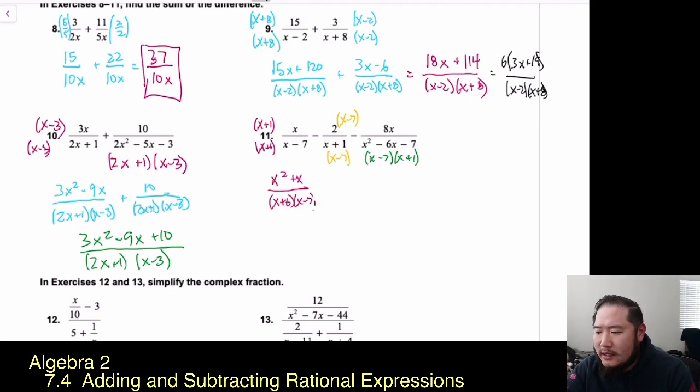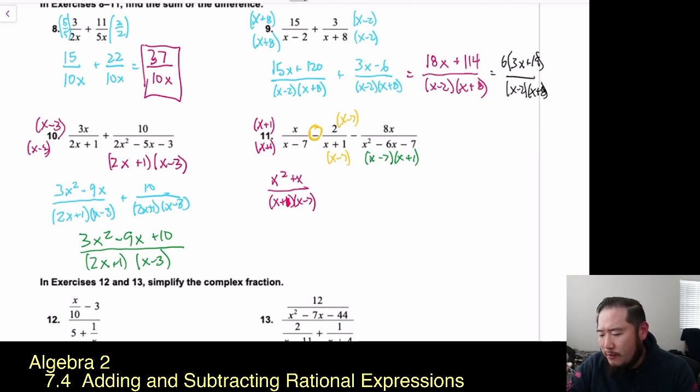In the second fraction right here, there's a minus sign in between. So that really tells me that this is negative 2. Okay? If you don't do that, you're going to have the signs all wrong, all messed up, and you're going to get the wrong answer, unfortunately. So you got to make sure we distribute the negative 2.